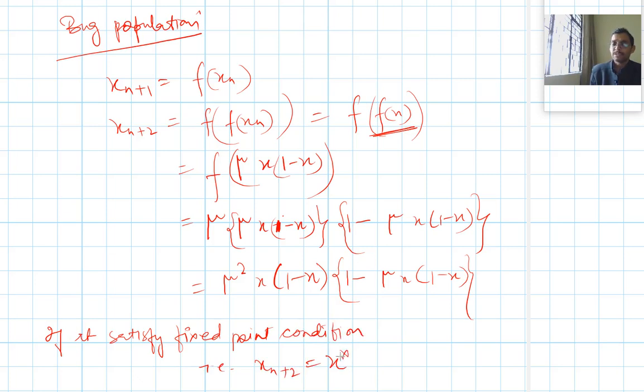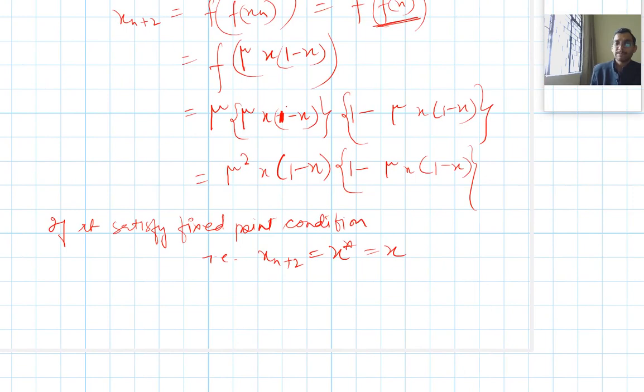If I write it as x star or simply x, then I can write x is equal to mu square x 1 minus x, 1 minus mu x 1 minus x, right?